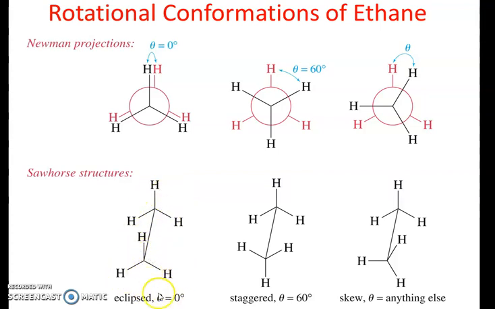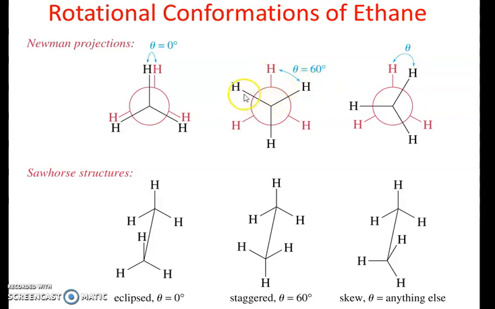So the dihedral angle is 0 degrees, and such a conformer is called the eclipsed one. And if the dihedral angle is 60 degrees, and how is it 60 degrees, you can see this CH bond of the back carbon is in between these two of the front carbon.